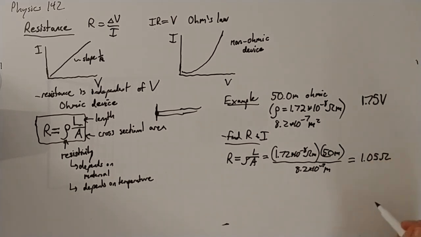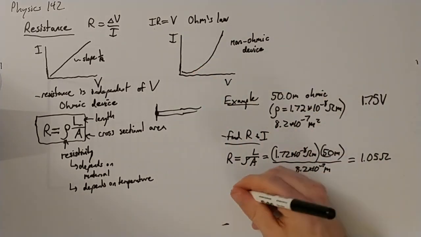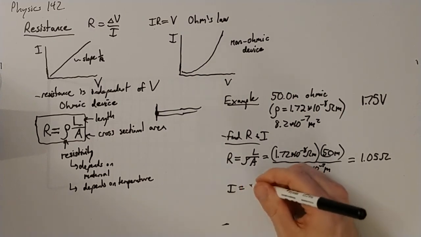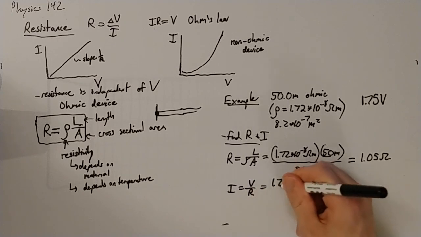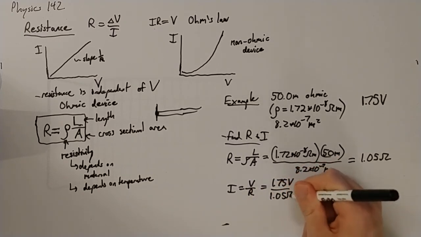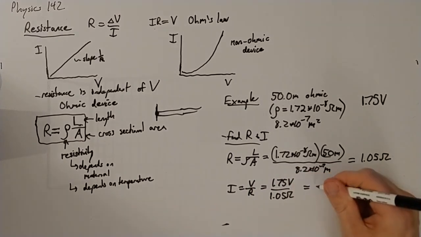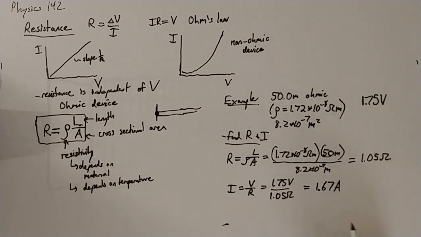So that would be the resistance of our wire. And so now that I know the resistance and I know the potential across the battery, I can also find the current. And specifically rearranging this formula, solving for I, I get that I equals V over R. So that will just be 1.75 volts divided by 1.05 ohms. And that's going to come out to 1.67 amps worth of current.